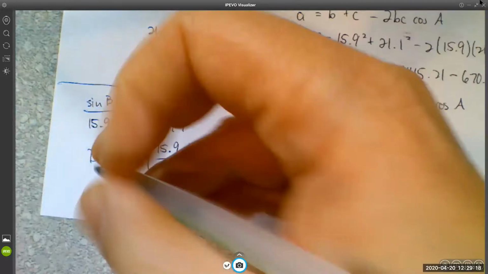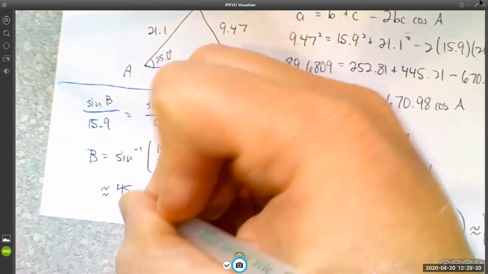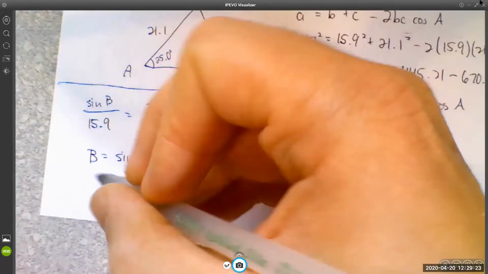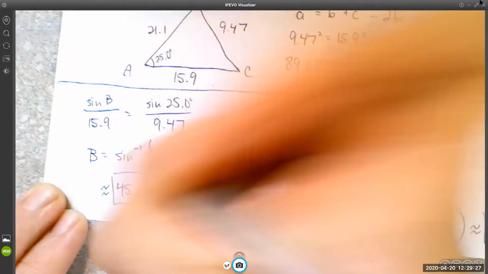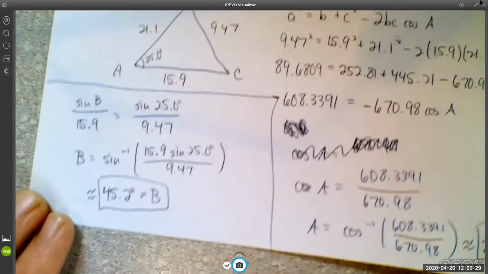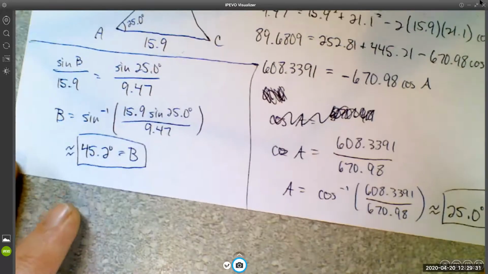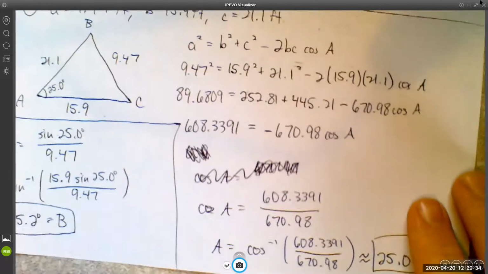That comes out to about 45.2 degrees. There's angle B. And then angle C, I've run out of space. Maybe I can squeeze it in right over here.